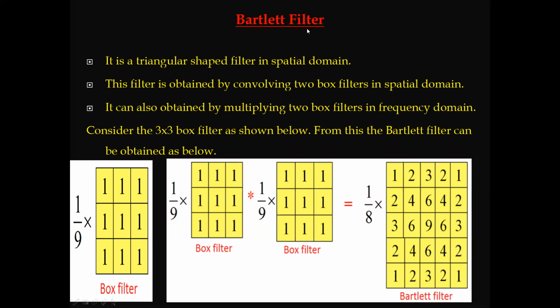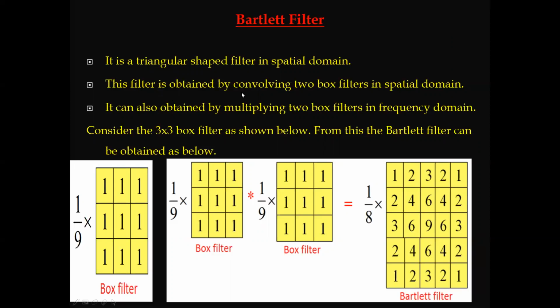Next is the Bartlett filter. What is this Bartlett filter? It is a triangular shaped filter in the spatial domain. You can see these are the filter coefficients. The first filter is a box filter. We know that a box filter is a 3 by 3 filter consisting of equal coefficient values, that is 1 by 9 each.